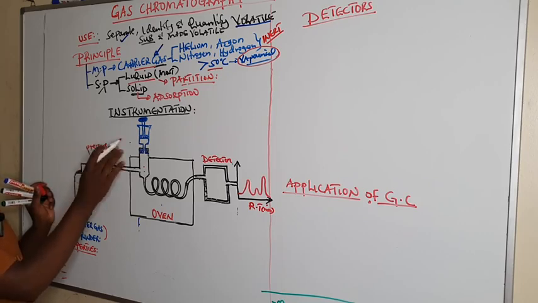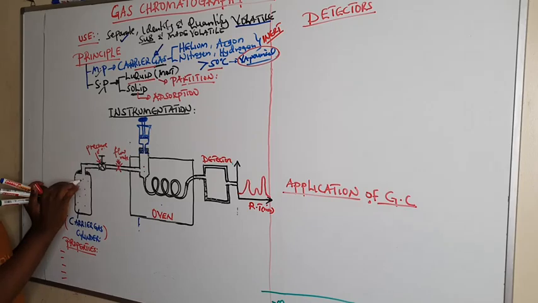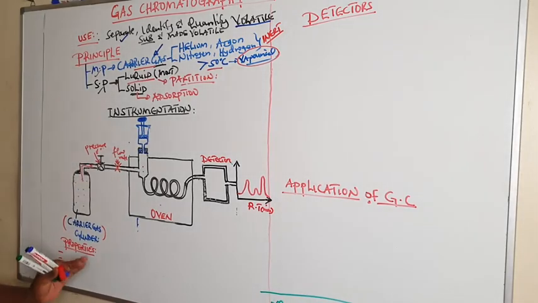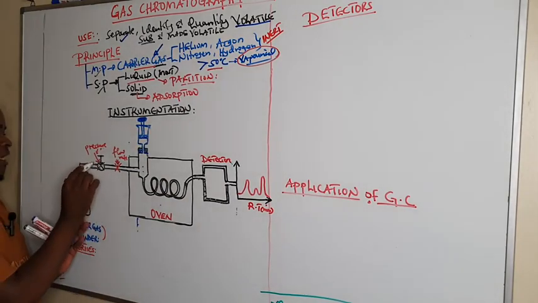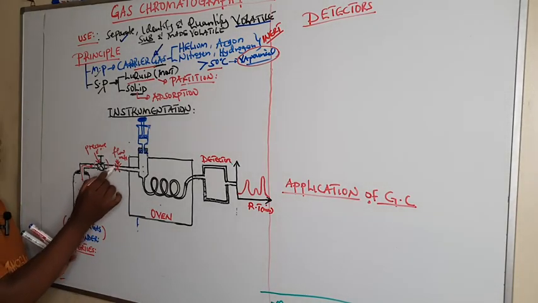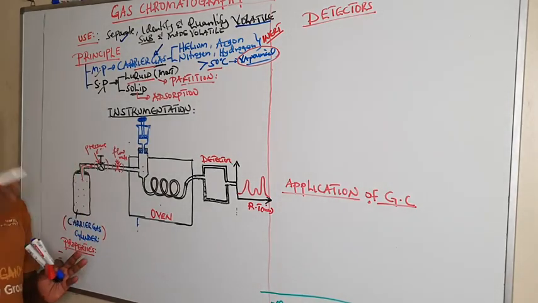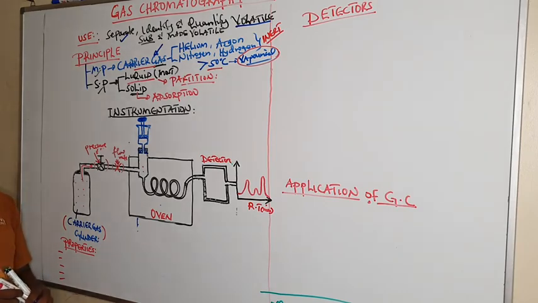So we have the pressure controller, at the same time we have the flow rate controller. So when the gas is injected under pressure from the gas, this one is going to regulate the kind of pressure we are going to use. Then it passes through this valve which determines the flow at which the carrier or the mobile phase we need to use. Then it is taken into what we call the column.